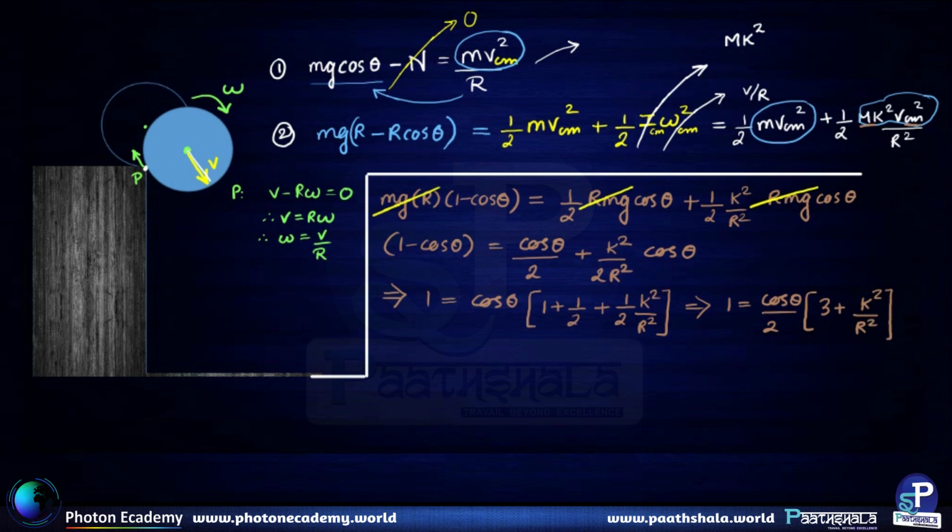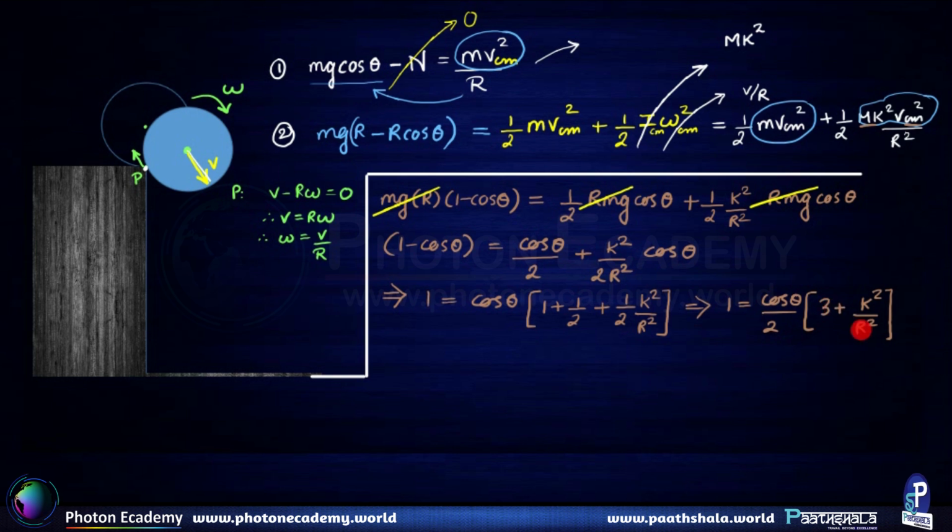After simplifying this, this is 3 by 2, I have taken 2 out of the parentheses and will be left with 3 plus k square upon r square. Alright, so if required we can take the LCM over here, or we could keep the formula as is. Basically I prefer keeping the formula as is for ease of remembrance.